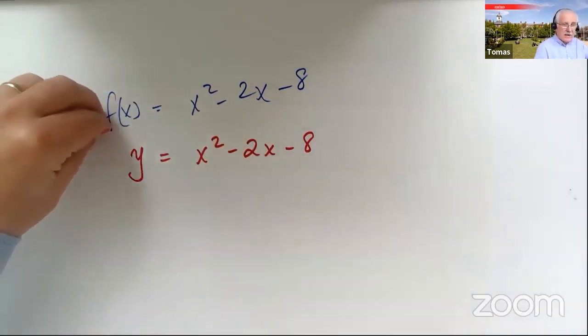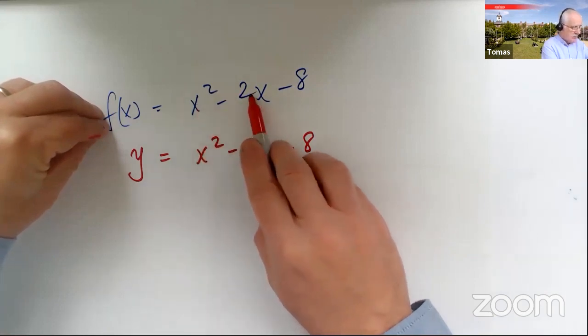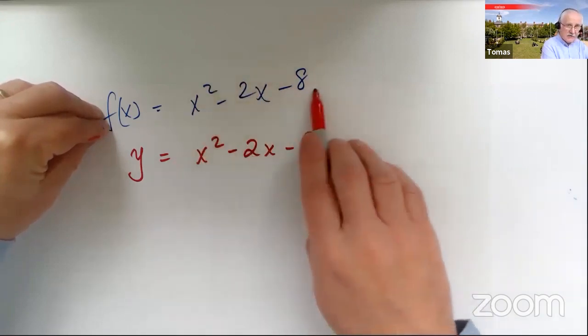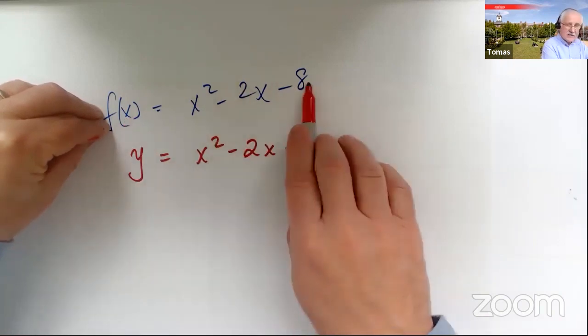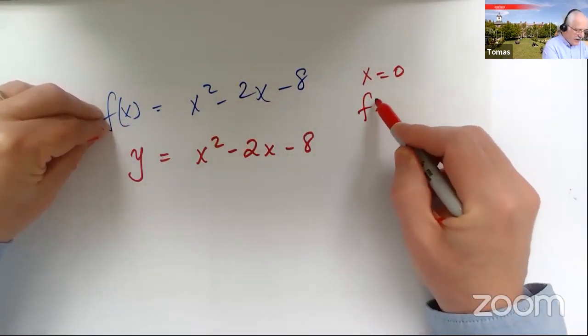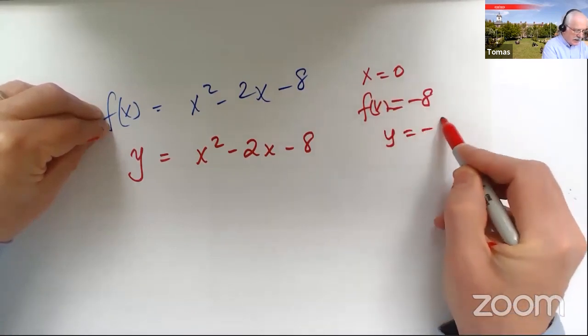Because whatever number we get here, let's say x is 0. 0 squared minus 2 times 0 minus 8 would give us minus 8. Then we would say when x is 0, f(x) is minus 8, or y is minus 8.